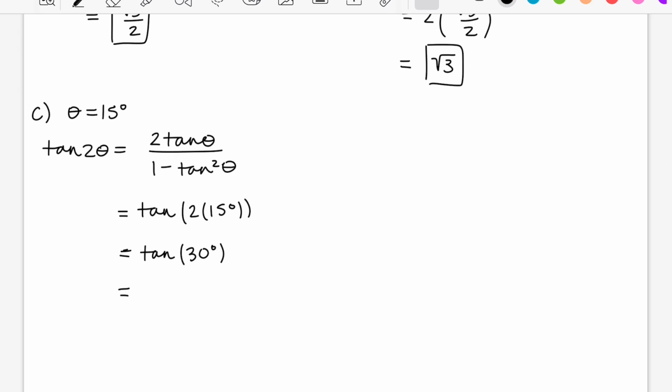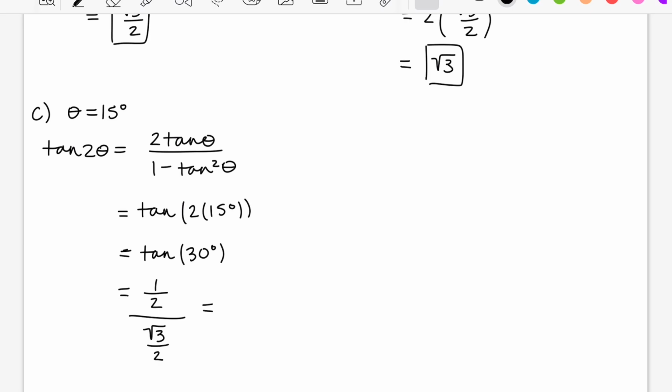And we know that tangent of 30 degrees is going to be the value of sine of 30 degrees divided by cosine of 30 degrees. And remember, 30 degrees is the same as pi over 3. So referring to our unit circle, sine of pi over 3 is going to be 1/2, and cosine of pi over 3 is going to be the square root of 3 over 2.